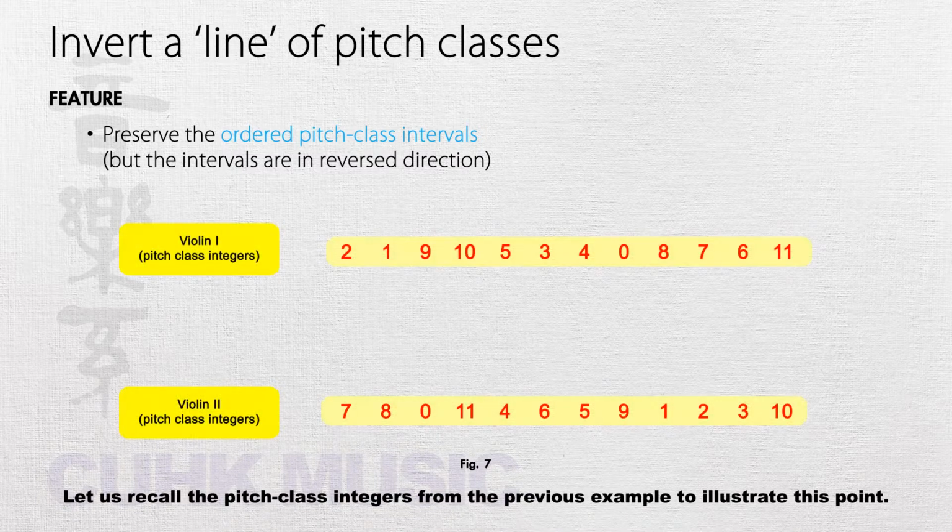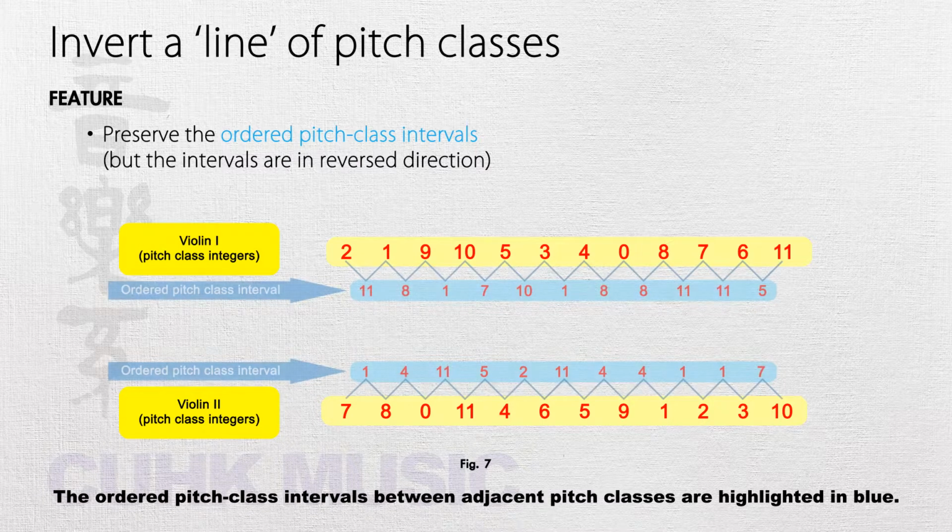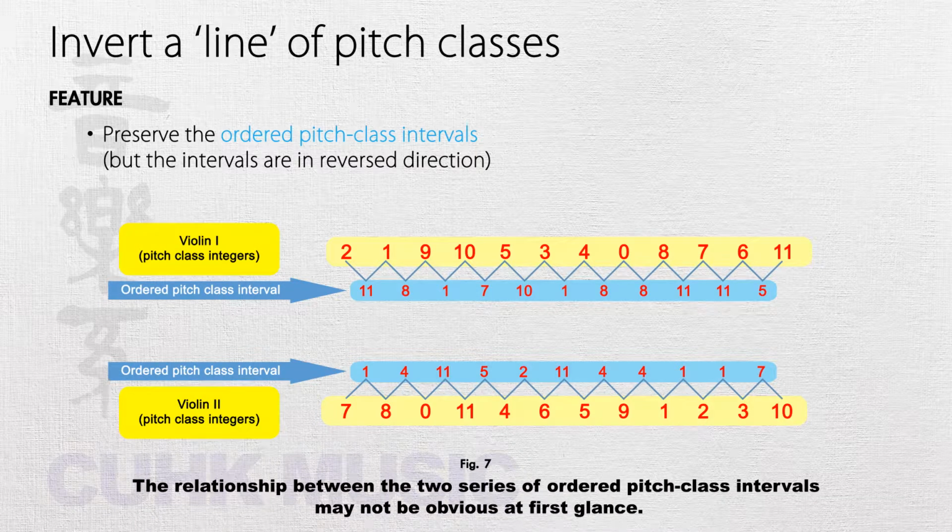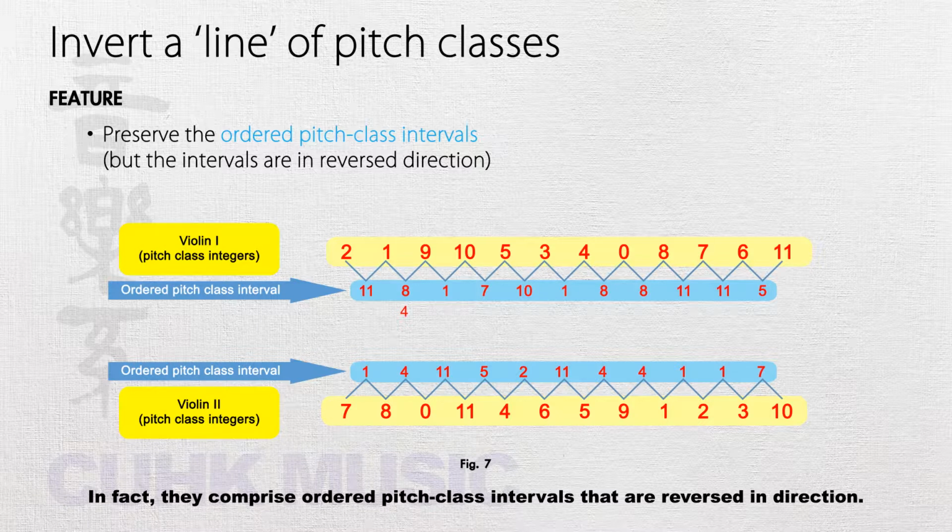Let us recall the pitch class integers from the previous example to illustrate this point. The ordered pitch class intervals between adjacent pitch classes are highlighted in blue. The relationship between the two series of ordered pitch class intervals may not be obvious at first glance. In fact, they comprise ordered pitch class intervals that are reversed in direction.